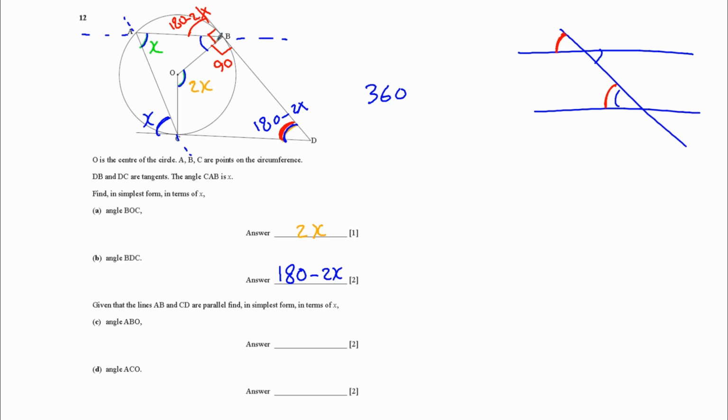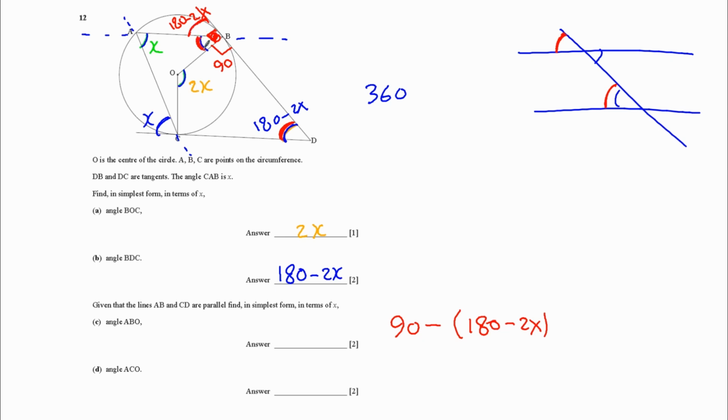That would be 90 minus (180 minus 2x). I keep the bracket because the 90 in total here is minusing that angle, which is 180 minus 2x, to give us this angle. That is what we are looking for.